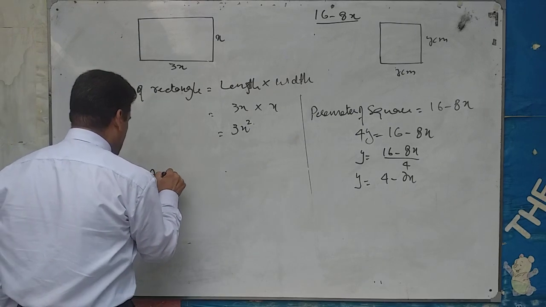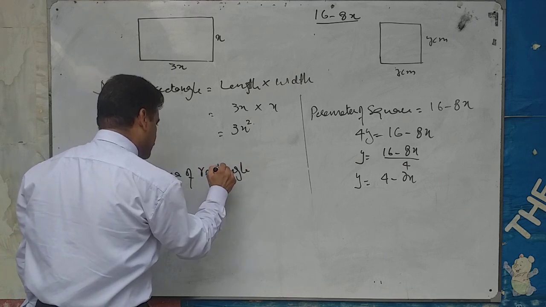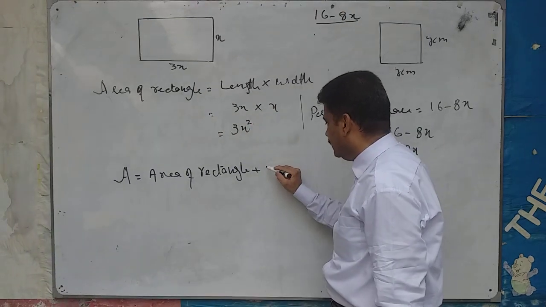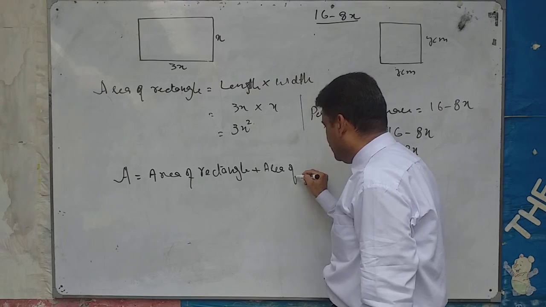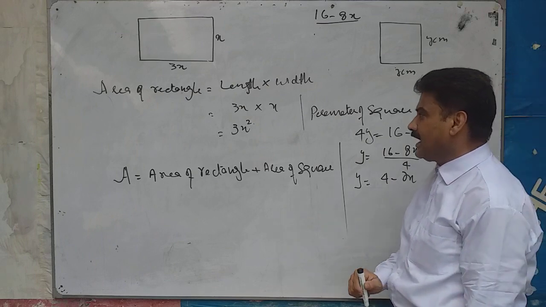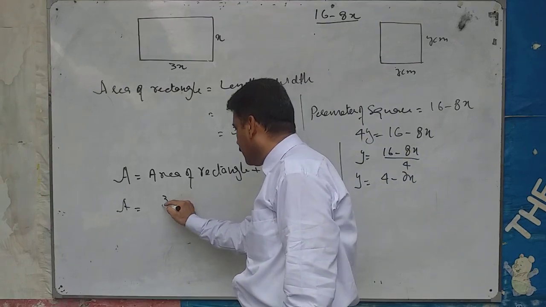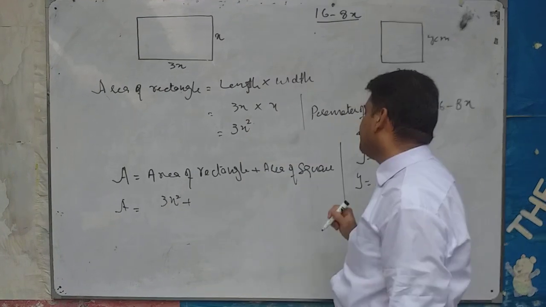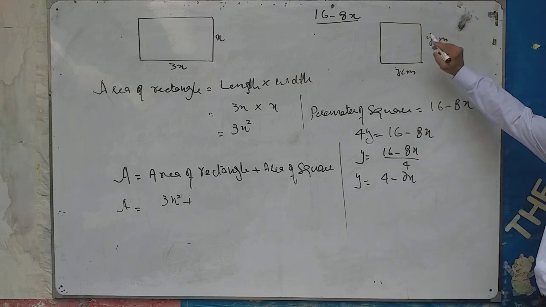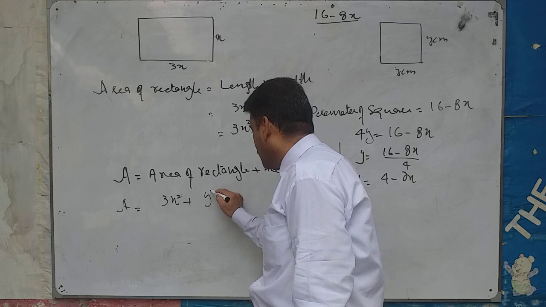Area of rectangle is 3x square, plus area of square, side multiplied by side, which is y multiplied by y, y square.